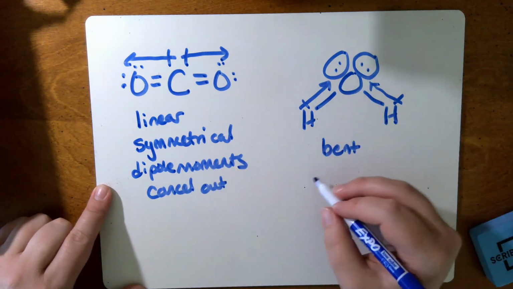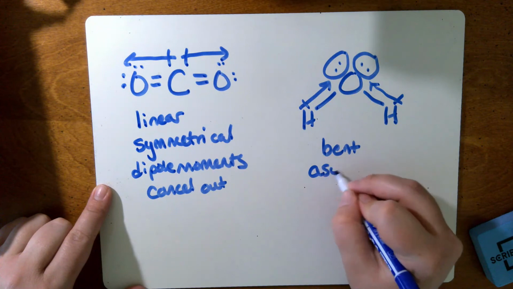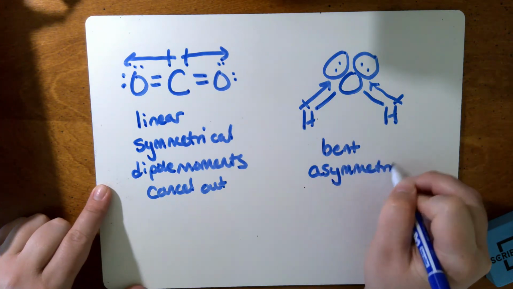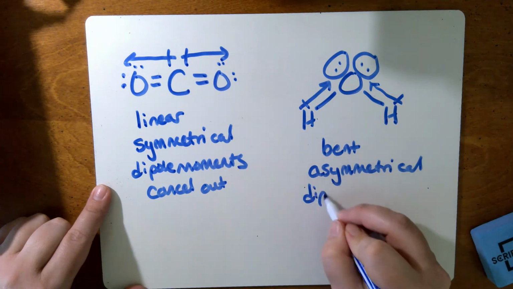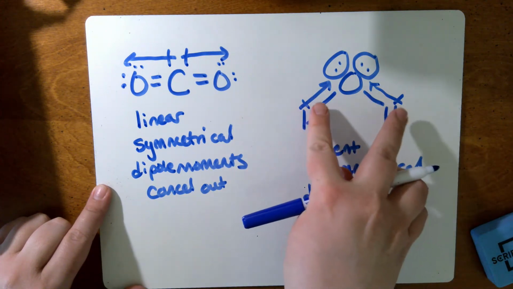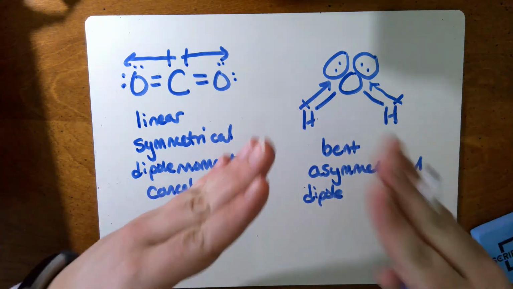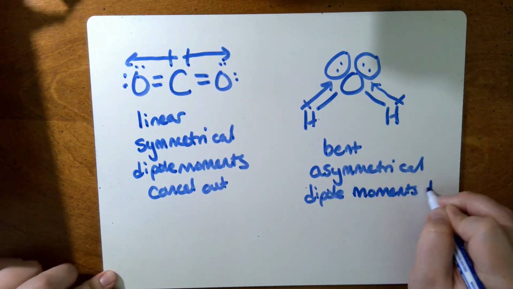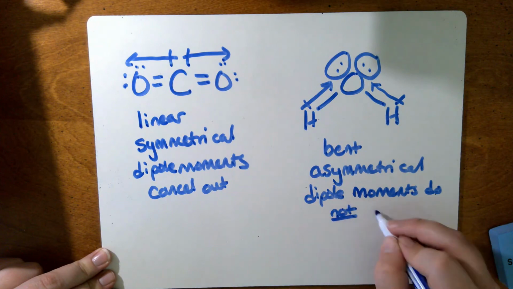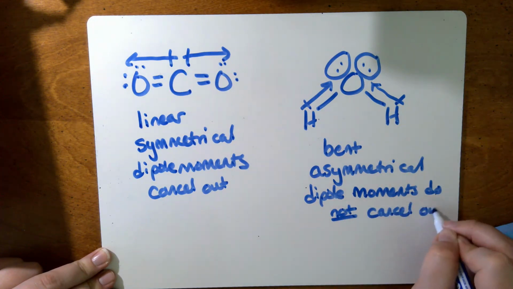The addition of the lone pairs makes this asymmetrical, so the dipole moments do not cancel out. They sort of cancel each other out side to side, as you can see, but there's still this net upward pull. So the dipole moments do not cancel out. Okay?